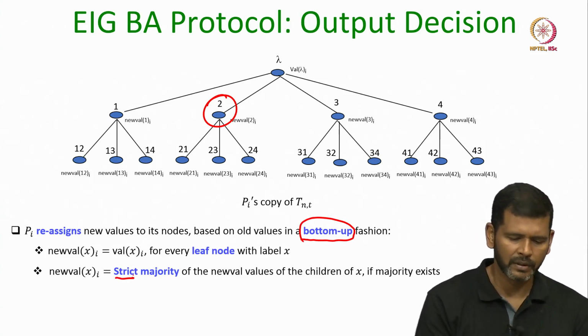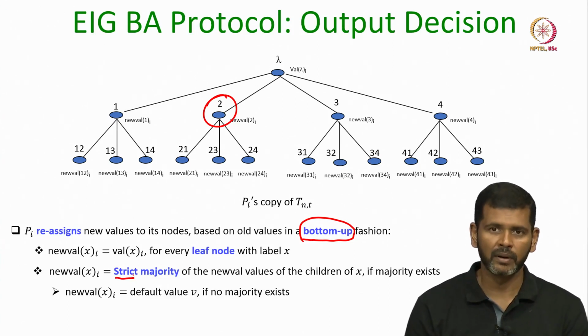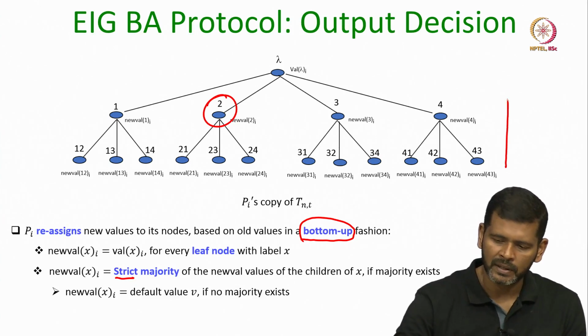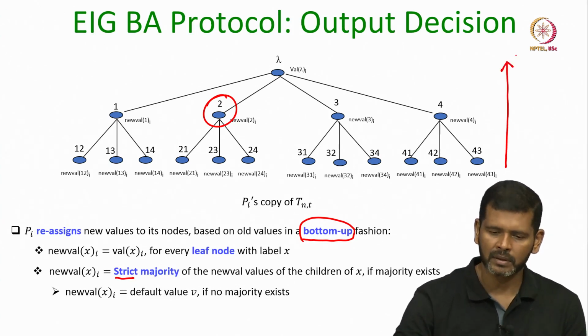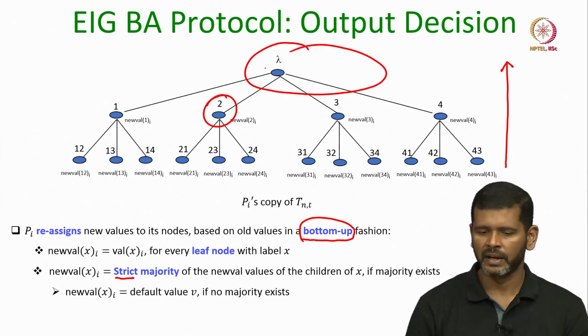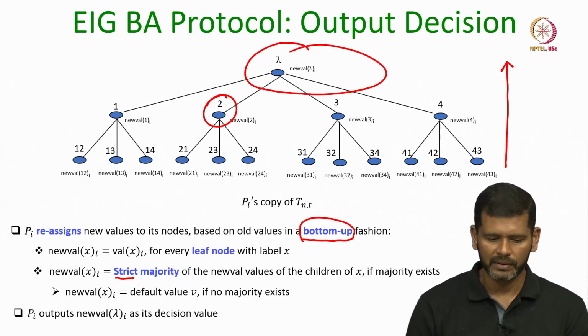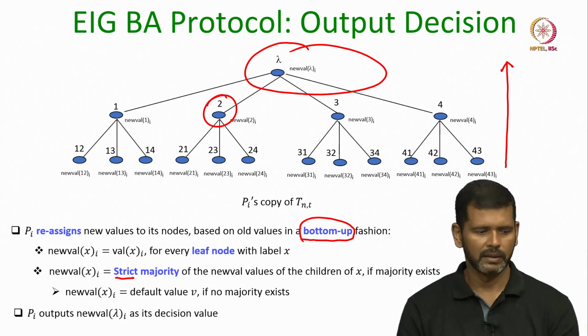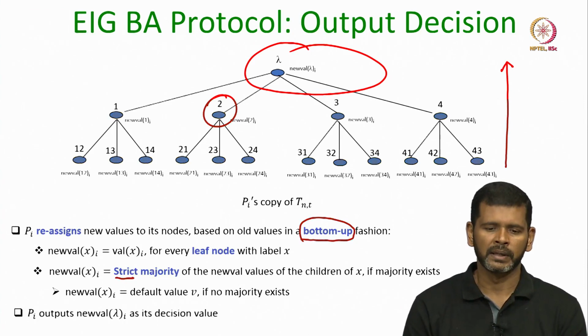However, if a strict majority does not exist, some default value is taken. Once we finish this reassignment process from bottom to top, the root is assigned a new value, which is taken to be the output of the BA protocol. So, that is the EIG BA protocol.